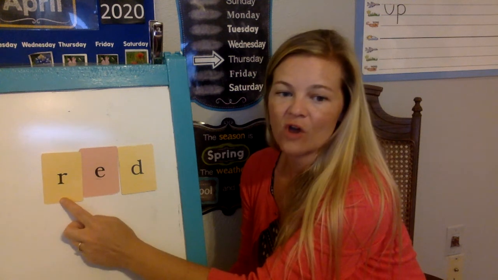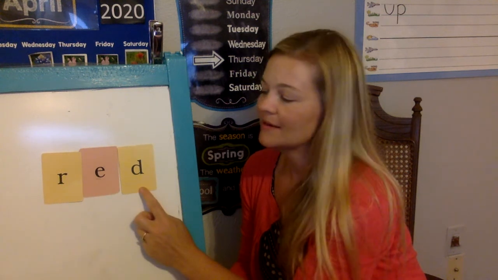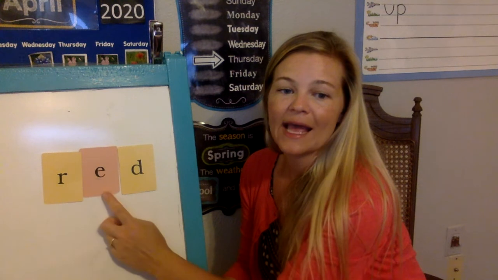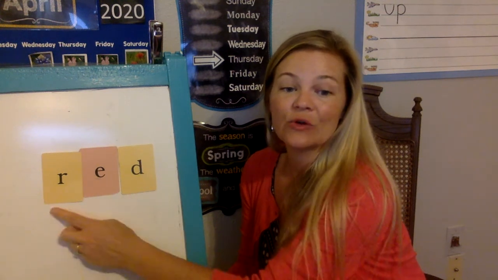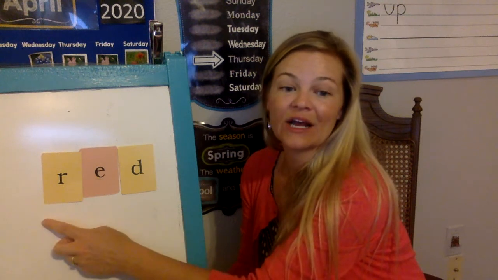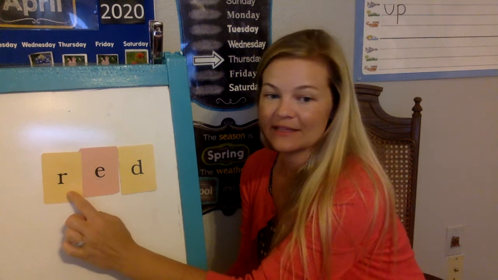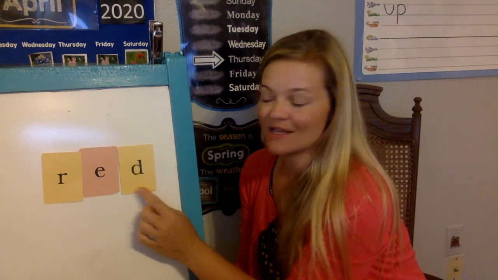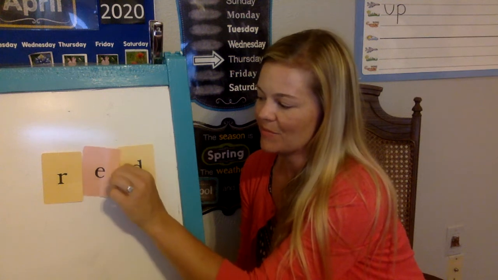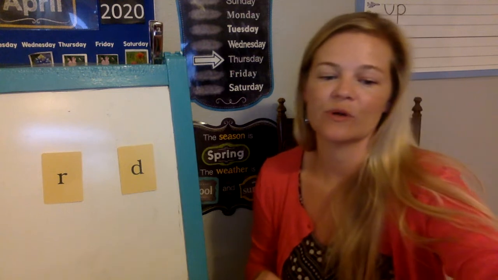So now we have R-E-D. Now we have R-ed. Red, like the color red. R-E-D. Okay, leave the R at the beginning, leave the D at the end, but put the E back where it belongs in ABC order in your magnet tile board.